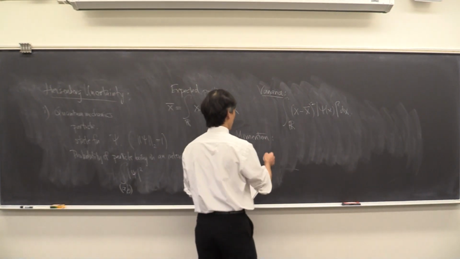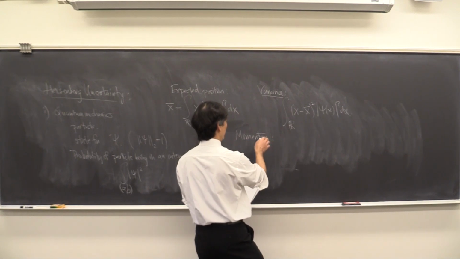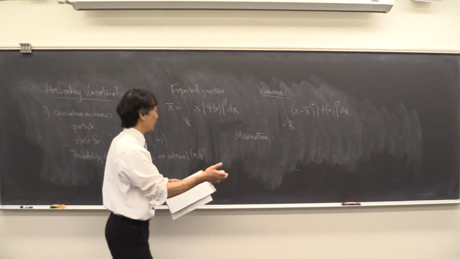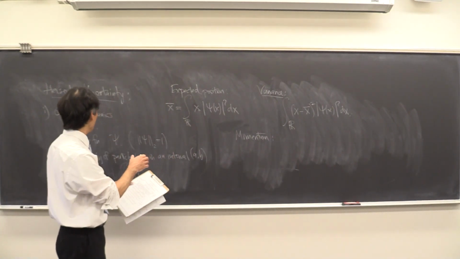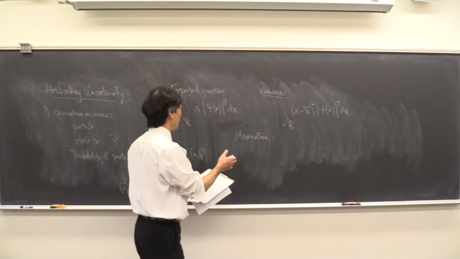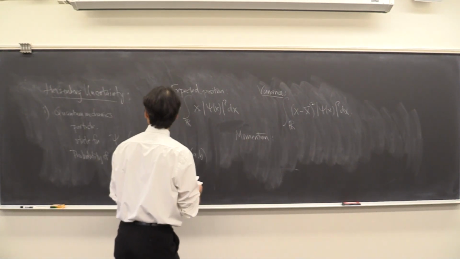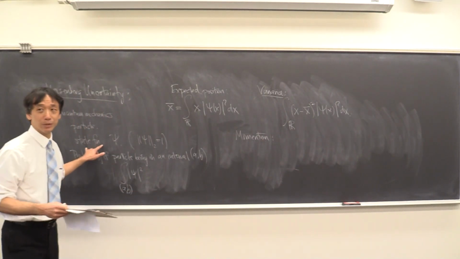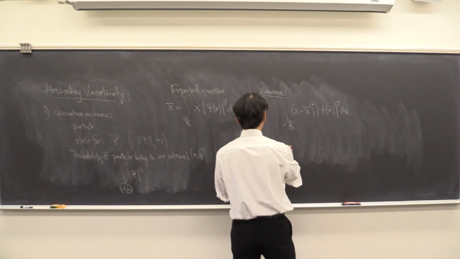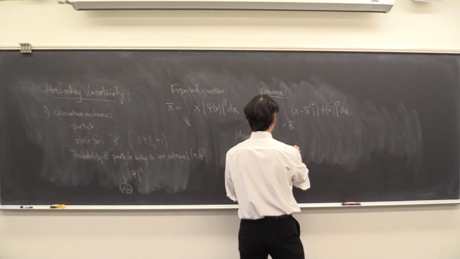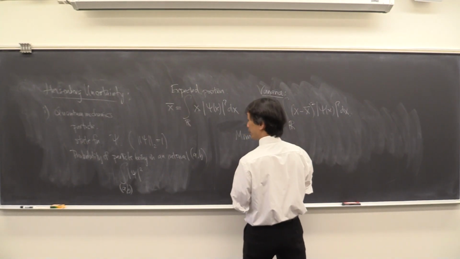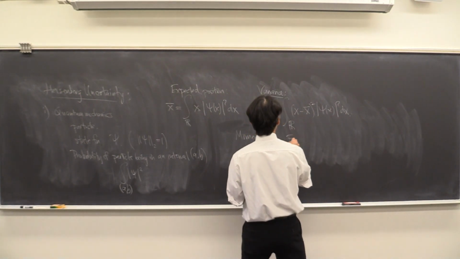So it turns out that the state function for the momentum is the Fourier transform of the state function for the position, and so you have something similar.